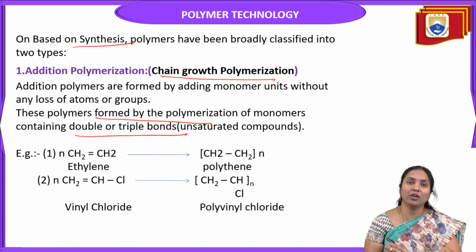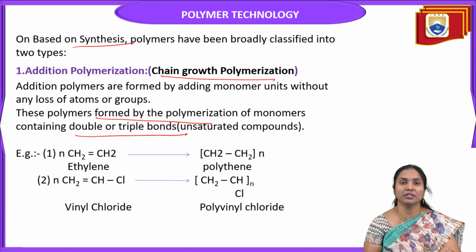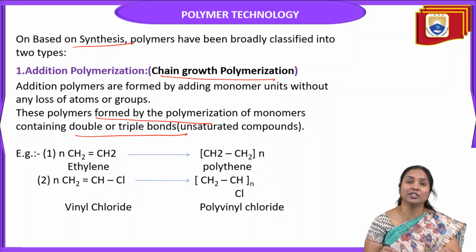Addition polymerization means only addition of monomers without eliminating any byproduct. So only monomers containing a double bond or triple bond, that is unsaturated compounds, undergo addition polymerization to give addition polymers.